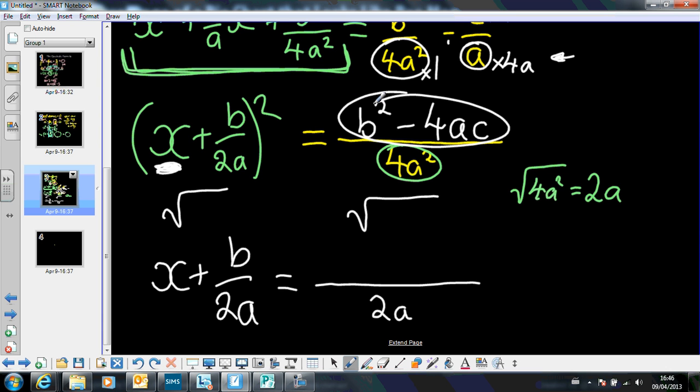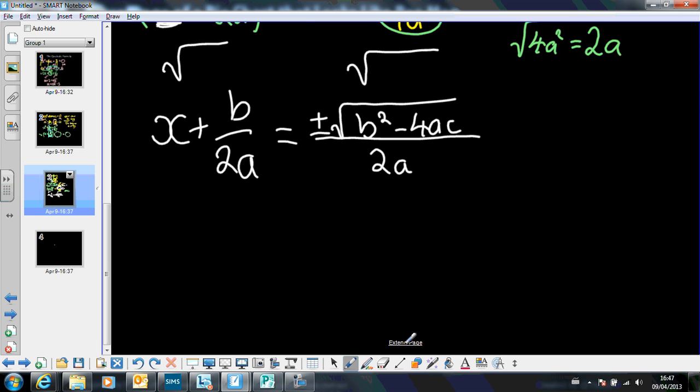This doesn't simplify so nicely, so I'm going to leave that inside the square root: b squared minus 4ac. Don't forget, every square root has a positive and a negative option. 3 threes are 9. Negative 3 times negative 3 is also 9. So there's two possibilities, a positive one and a negative one.